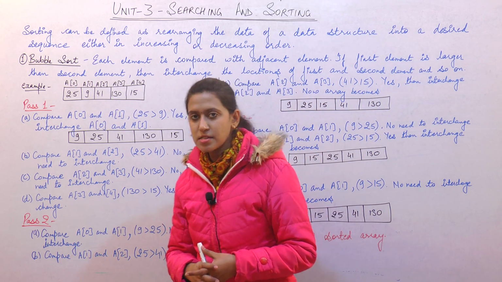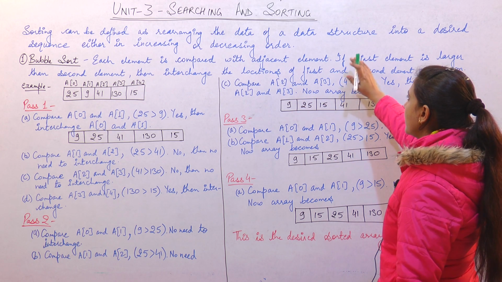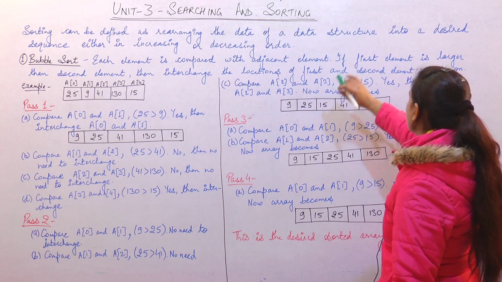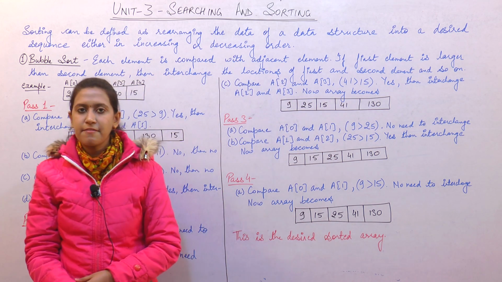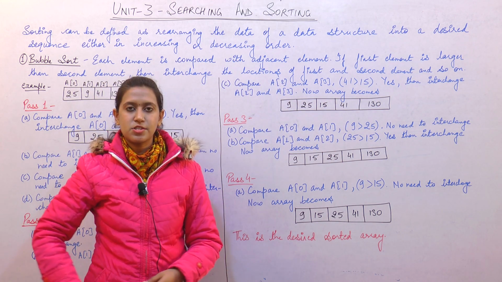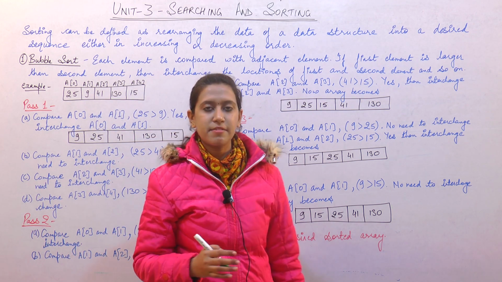Sorting is the rearranging of data of a data structure into a desired sequence. That means we have some data in our data structure and that data is not arranged in a proper sequence.